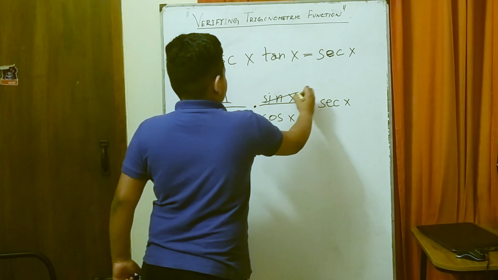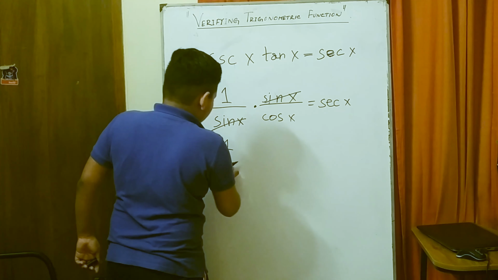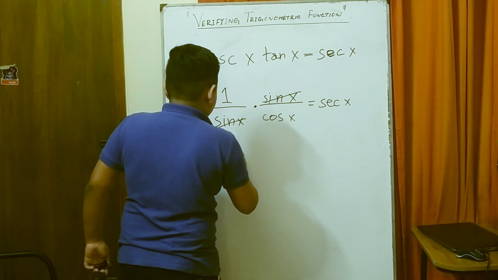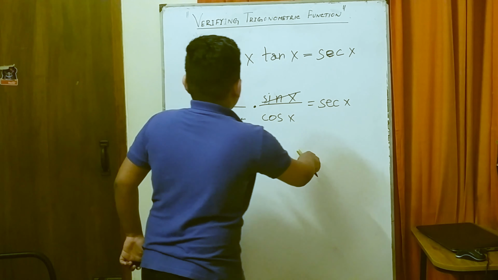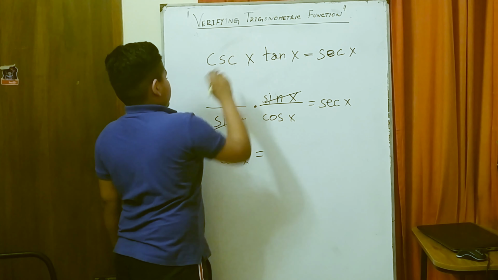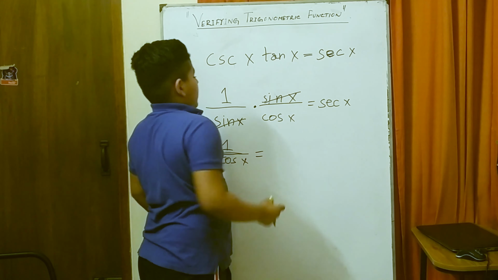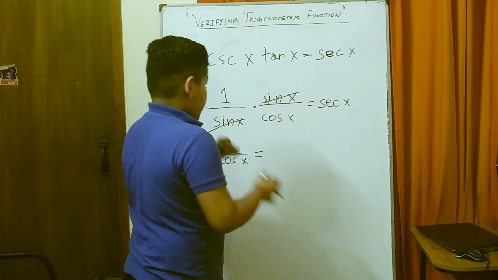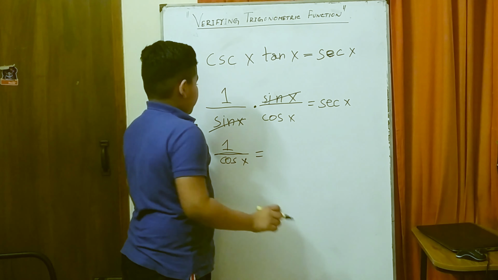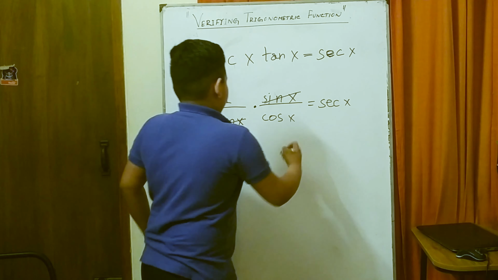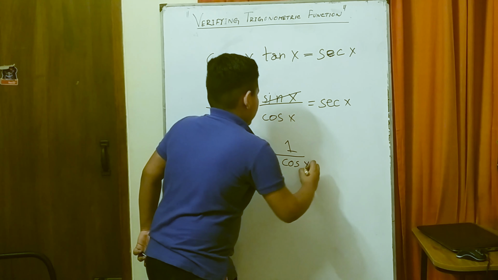So we can cancel the sines, giving 1 over cosine of x. Now the other side: if the cosecant was the reciprocal of sine and the cotangent was the reciprocal of tangent, then the secant would be the reciprocal of cosine, which means 1 over cosine of x.